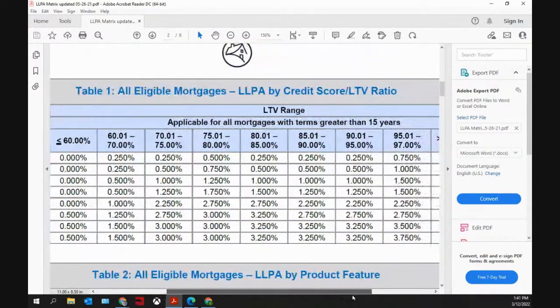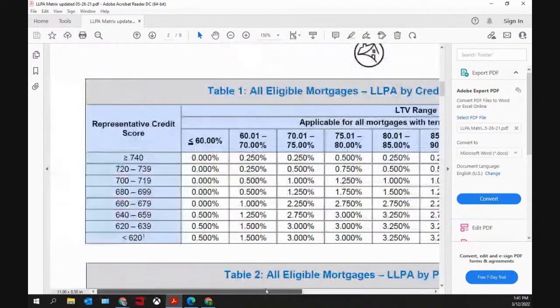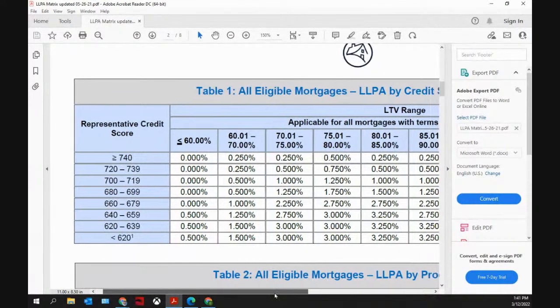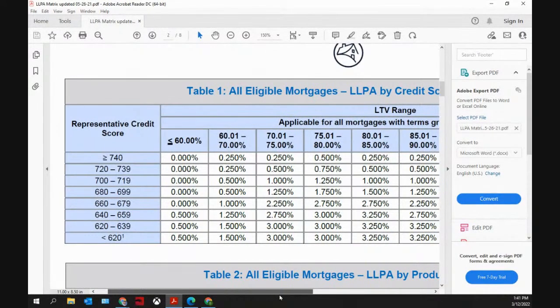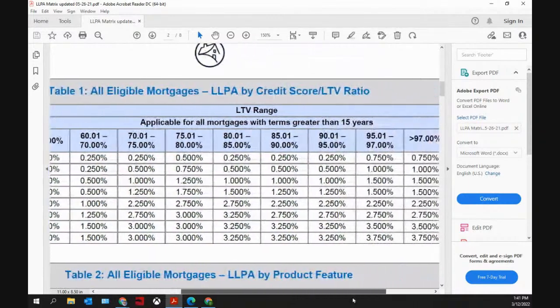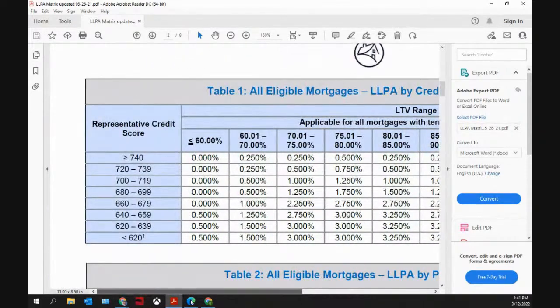And it works its way over. You can see, though, as the scores go higher, those bumps, those hits, those add-ons, loan level price adjustments, adjusting the price, goes down. So that's just one factor. Again, I'll tie all this up at the end so you get it.